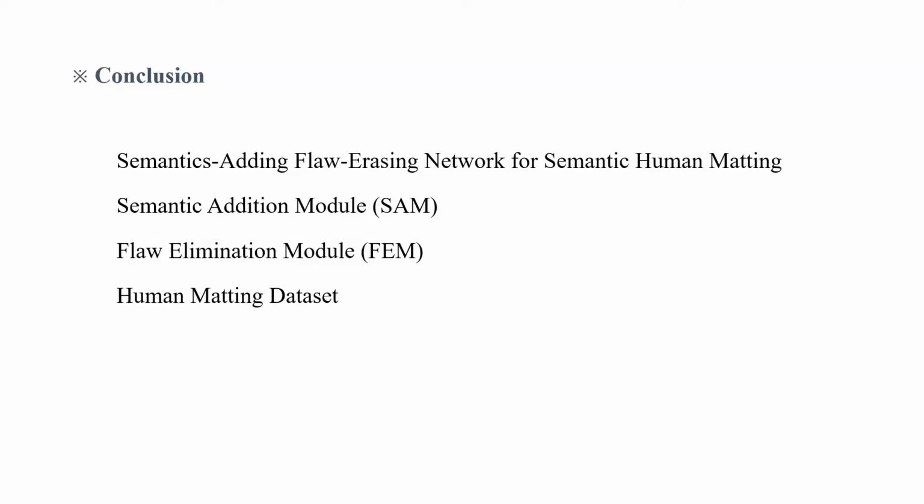In SAFENet, a backbone network is used to predict the initial alpha matte, and two novel modules, Semantic Addition Module, SAM, and Flaw Elimination Module, FEM, are exquisitely designed to predict a finer alpha matte from the initial matte. Experimental results have shown that the proposed method performs favorably against the state-of-the-art methods. In addition, we have also built a finely annotated dataset for semantic human matting, which contains 4,729 unique foregrounds.